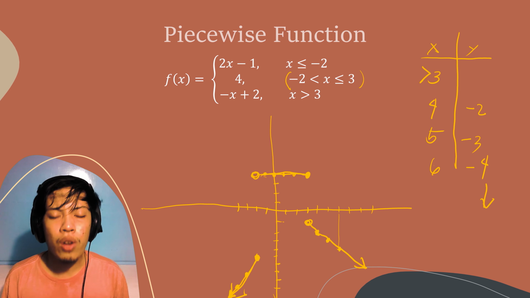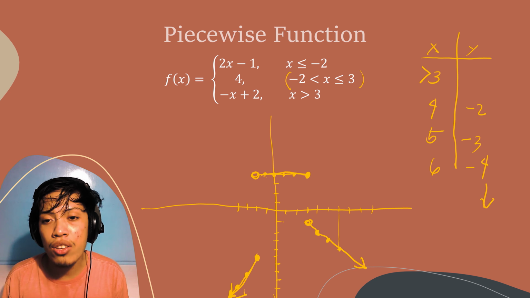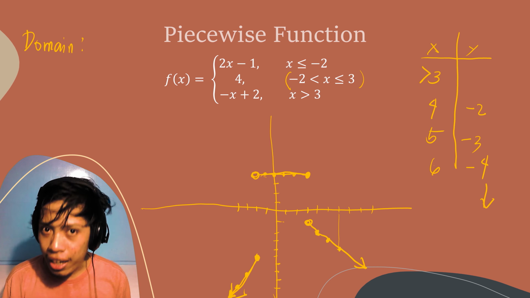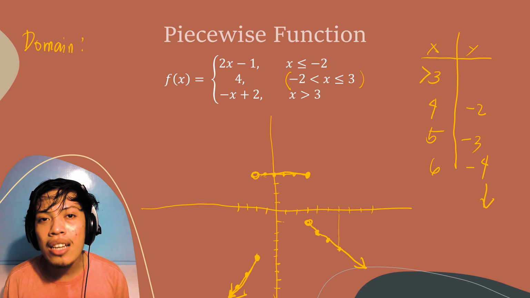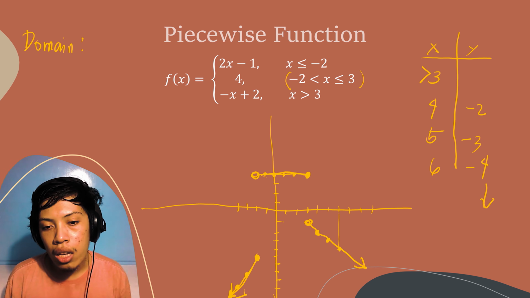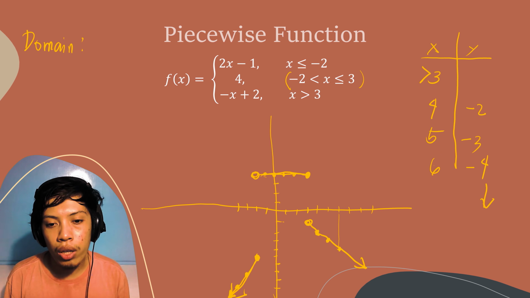Okay. So how can we now define the domain and range of this function? Let's start first with the domain. What is the domain? Take note, again, the domain is the set of all permissible values of x. Now, when you look at the x-axis, whichever x you choose, there will be a point that intersects the graph.